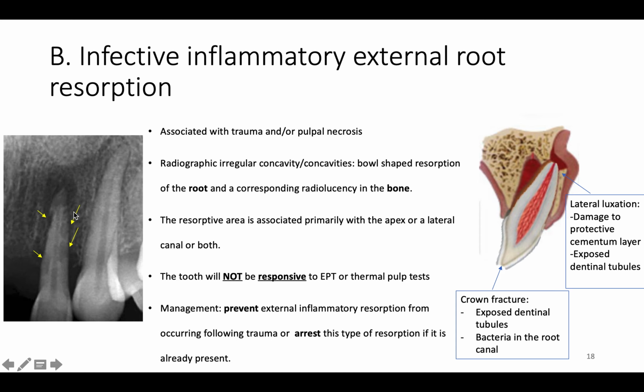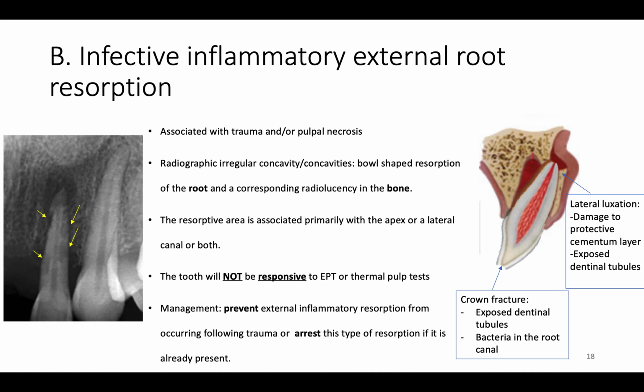You can see these resorptive cavities anywhere on the apex of the tooth where the apical foramen is, or on the lateral surface of the tooth if there are lateral canals, or if there are cracks or fracture lines. Okay? So anywhere on the root surface.